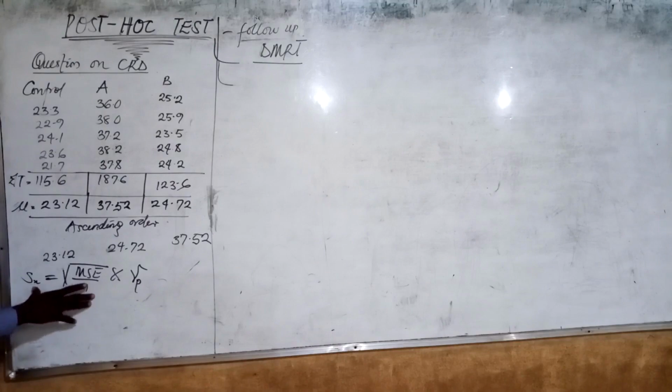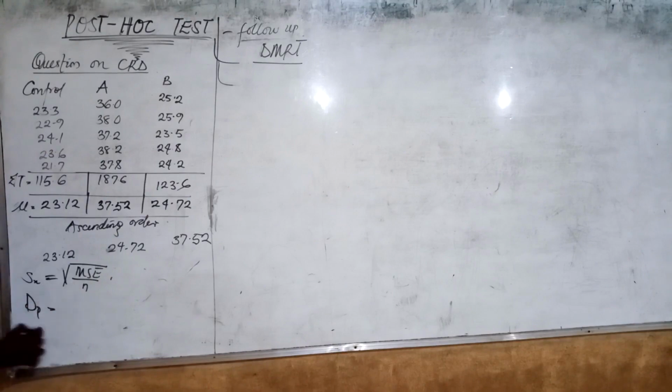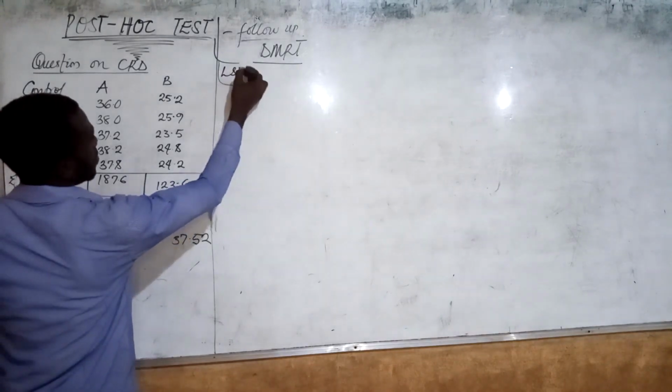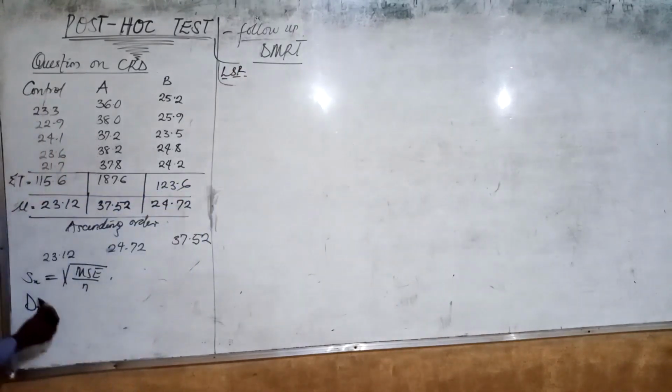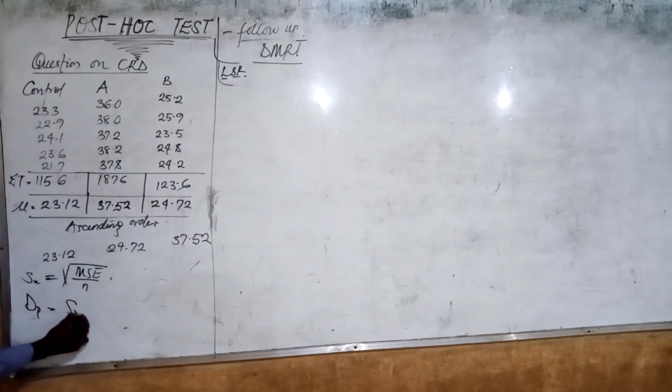Then if you multiply with this, it becomes the DP value, which is Duncan's critical value, called the least significant range, LSR. That's the DP value, and it's gotten by S sub X times R sub P.